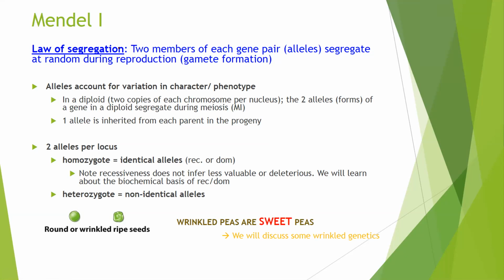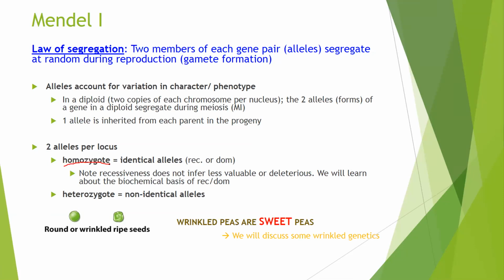But during meiosis, these two alleles, these two gene members, segregate, and this segregation is at random. This is the basic idea of this law: during the production of the gametes, the two alleles segregate randomly, right?